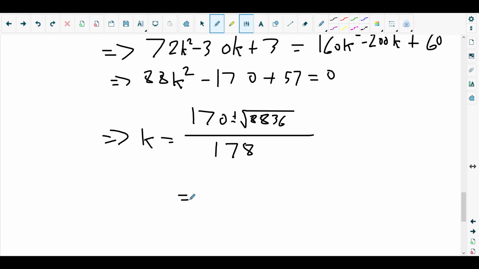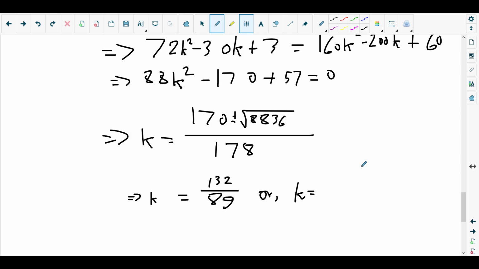So 170 plus 94 over 178, you will get 132 over 89, or k equals 170 minus the square root of 8836 over 178, you will get 38 over 89.